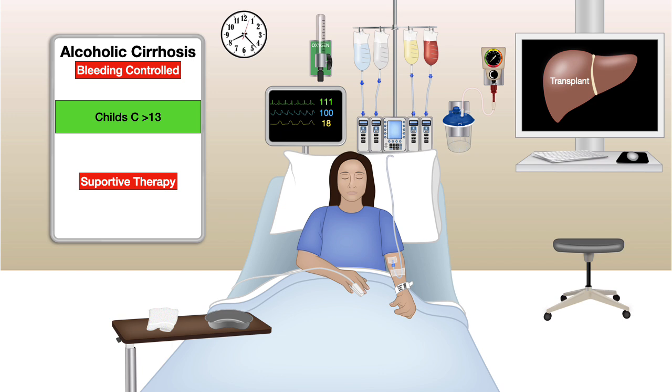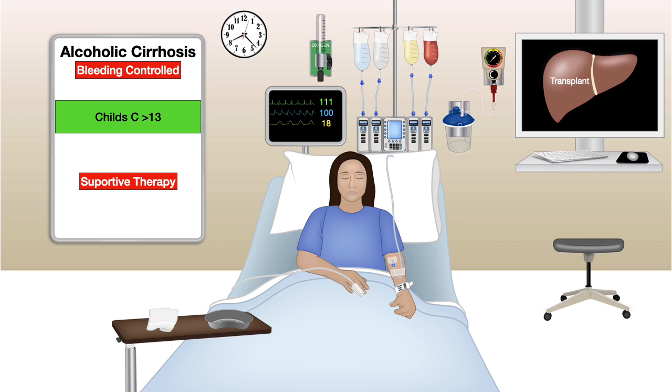If you cannot control the bleed, then emergency TIPS. If you control the bleeding and patient has Child's A or early B status, then continue the supportive therapy, discharge them on a non-selective beta blocker, a PPI, and then bring them back for repeat banding within 6 weeks and repeat it until obliteration of the varices.